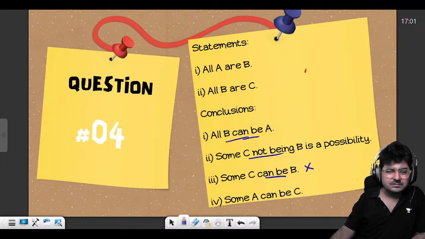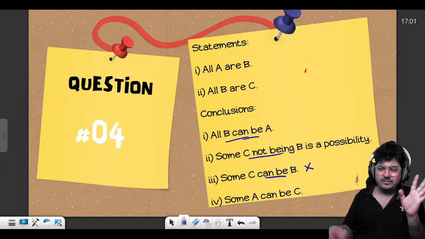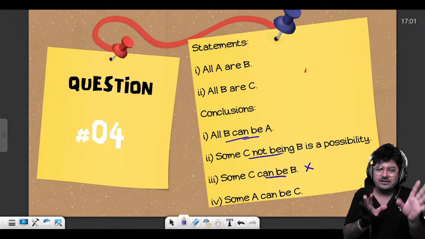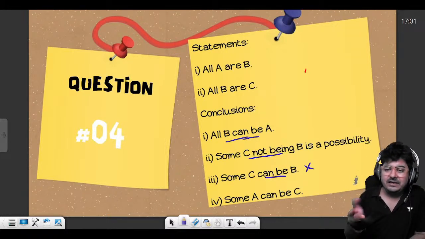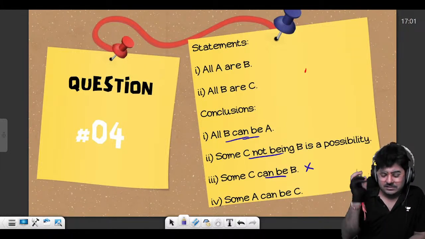Hello? The third statement is false because they are talking about a possibility, but it is clear that some C are B. It is not even 'can be', it is B. So think like this.